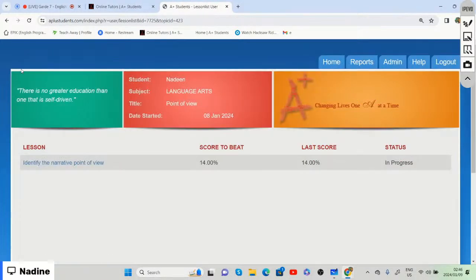All right, so this is now the end of our lesson on point of view. We said that the point of view is basically the narrator's perspective of whatever is happening within a passage. Then we have first person, second person, as well as third person. First person is the narrator's own perspective.